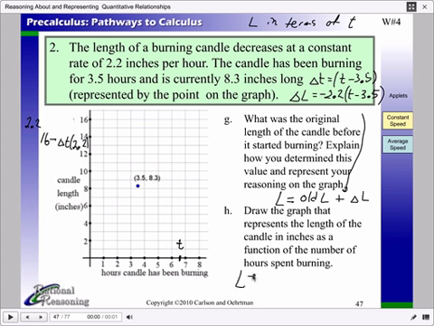So the old L is 8.3, and the change in L is the expression we just found: negative 2.2 times t minus 3.5.